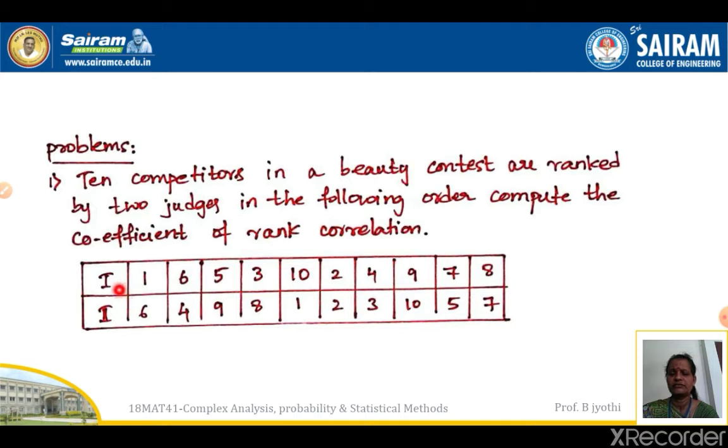The ranks given by the first judge are 1, 6, 5, 3, 10, 2, 4, 9, 7 and 8, whereas the second judge has given 6, 4, 9, 8, 1, 2, 3, 10, 5 and 7. These are the ranks given for the 10 competitors in a beauty contest by the two judges.